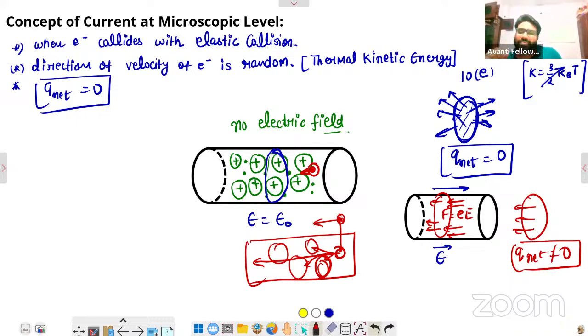So in this case also the electron is forced to move in the other direction, although the movement is not very smooth, because it will collide with the other ions present in the conductor, and those ions are nothing but positive charge. Okay, and it also gets repelled by the other electrons. Clear? So that is why this is something which is opposing the current.